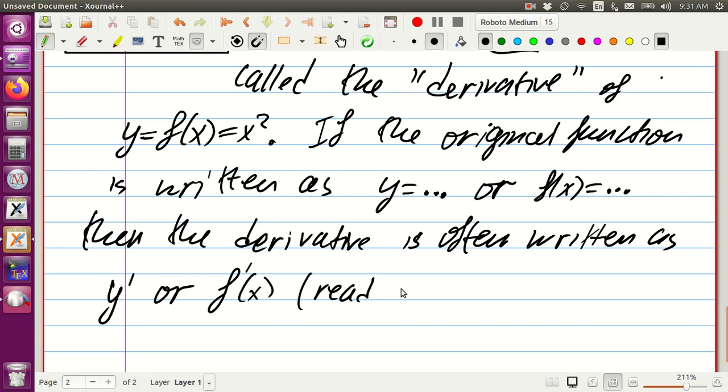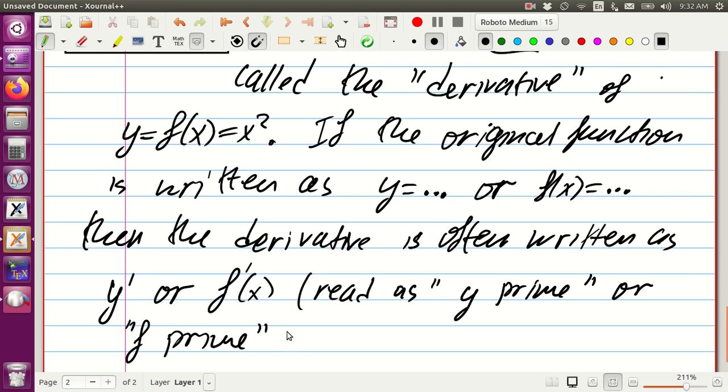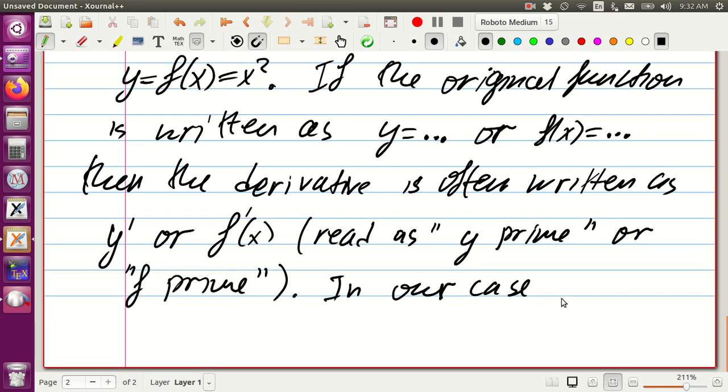You read it as y prime or f prime. So in our case, y prime is equal to f prime is equal to 2x.